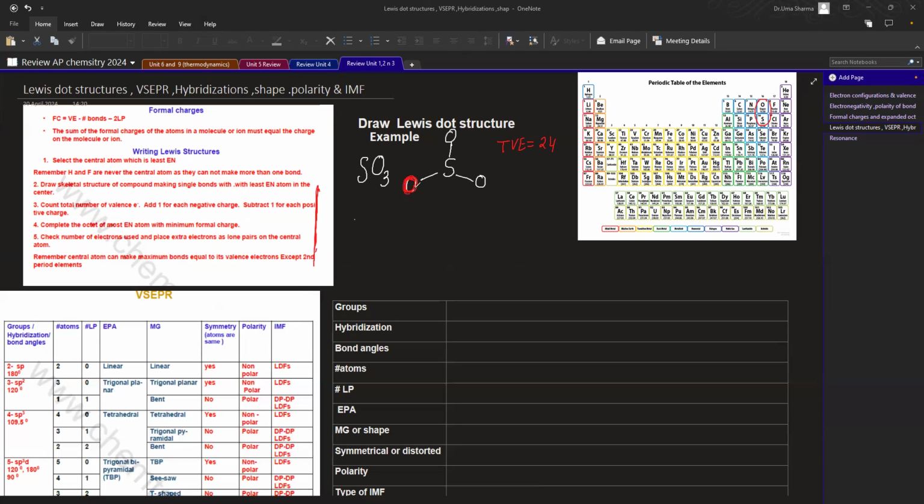Complete the octet of more electronegative element with minimum formal charge. So put a double bond and 2 lone pairs. I think oxygen is happy like this. Check the formal charge for happiness. Is the formal charge on this oxygen 0?